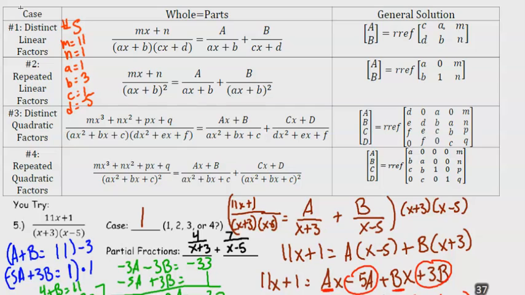So let's plug all of those into the formula. Let's see what we have there. So we have 1, 1, 11, and then negative 5, 3, 1. And let's find the reduced row echelon form of this and see what we get.